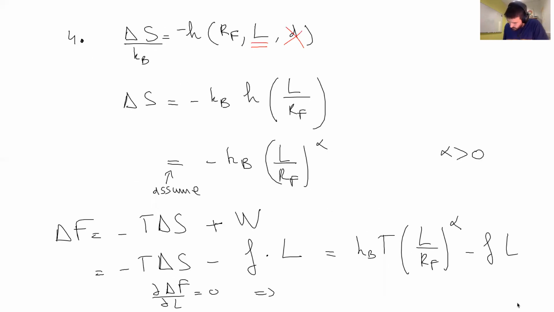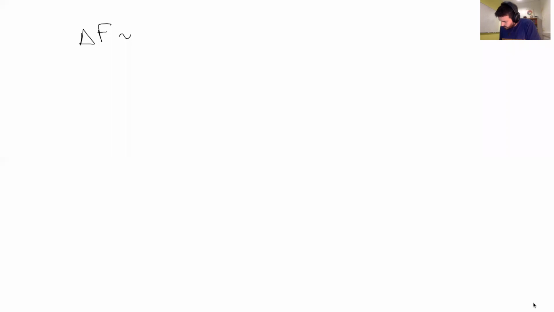I have the fact that typically delta F, when we are at the minimum, is kBT L over Rf to the 5/2. You sum the two terms, but they have the same scaling.